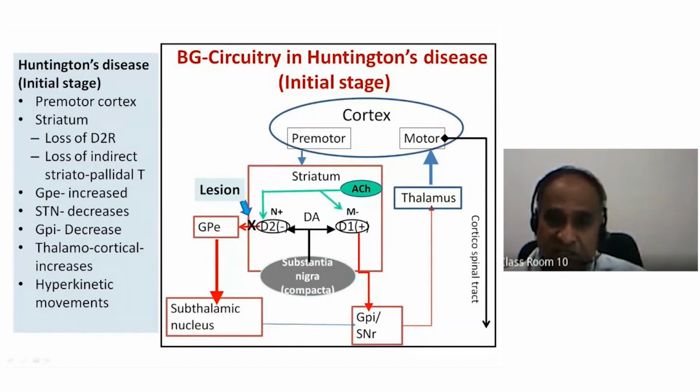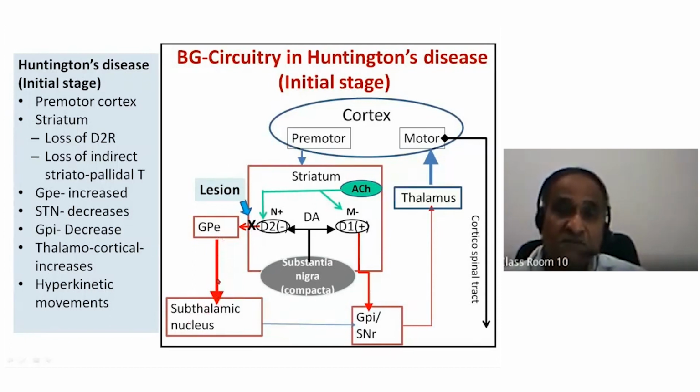So it is diminished, or there is a loss of these things. Either the D2 receptors are lost, or GABAergic neurons are lost. Now what happens? Input to the GPE is diminished. If the input to the GPE is diminished, the output of GPE increases.